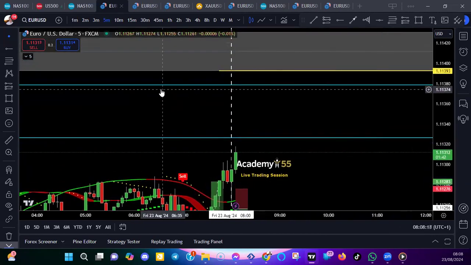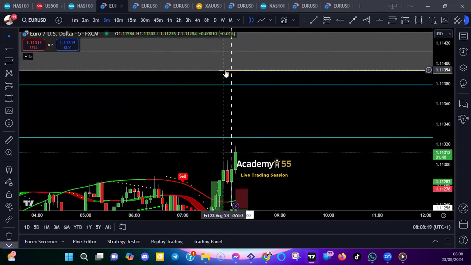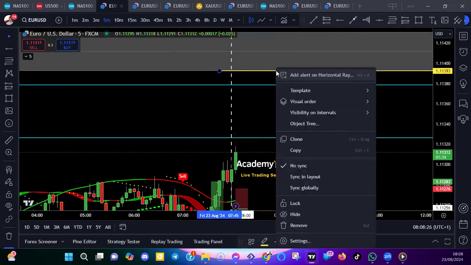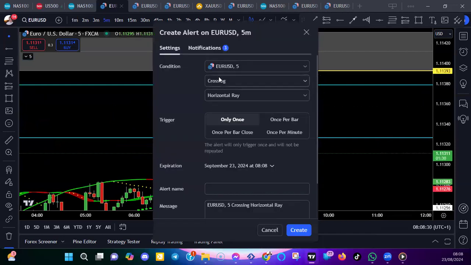As you can see, I've marked it up with a horizontal line. What you can do is you can right click and add alert on a horizontal ray. And you can add alert on the 5-minute. You can write in here, put a sell, write what you want, put it once per bar, and create.